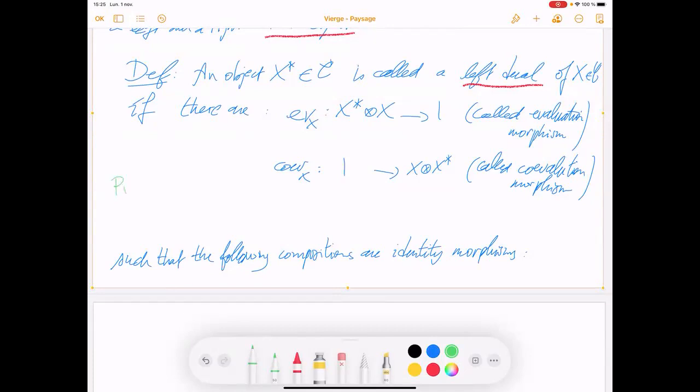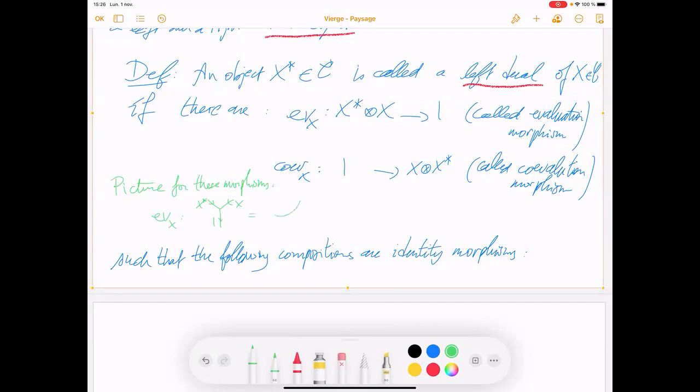So the picture for this morphism, the evaluation from X star tensor X to 1, is denoted pictorially like that.